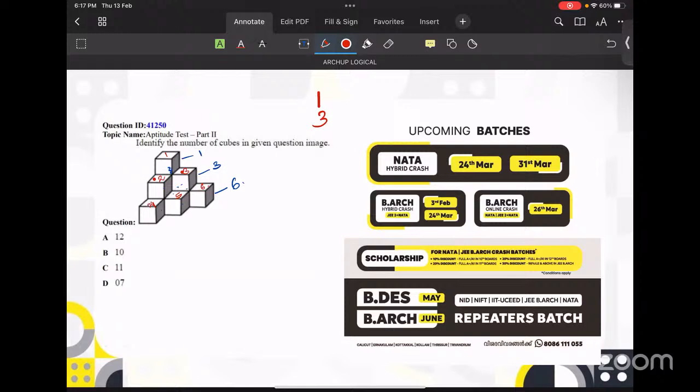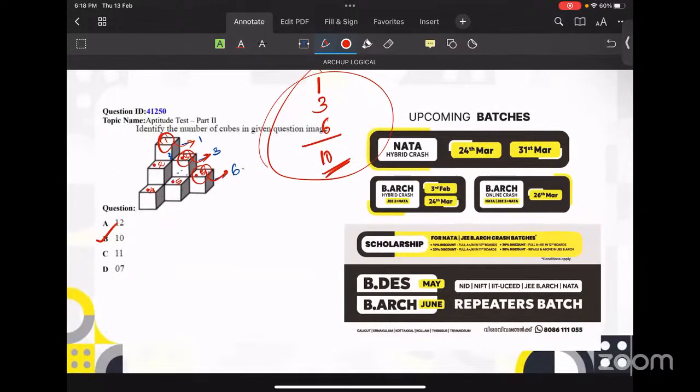Hold your fingers like this, 4, 5, 6, and write 6 over here. Then take the sum, 10. So you will get the answer using this technique also. Clear? The largest number in each row you should write outside, because that will be the total number of cubes in that row itself. I hope that is clear.